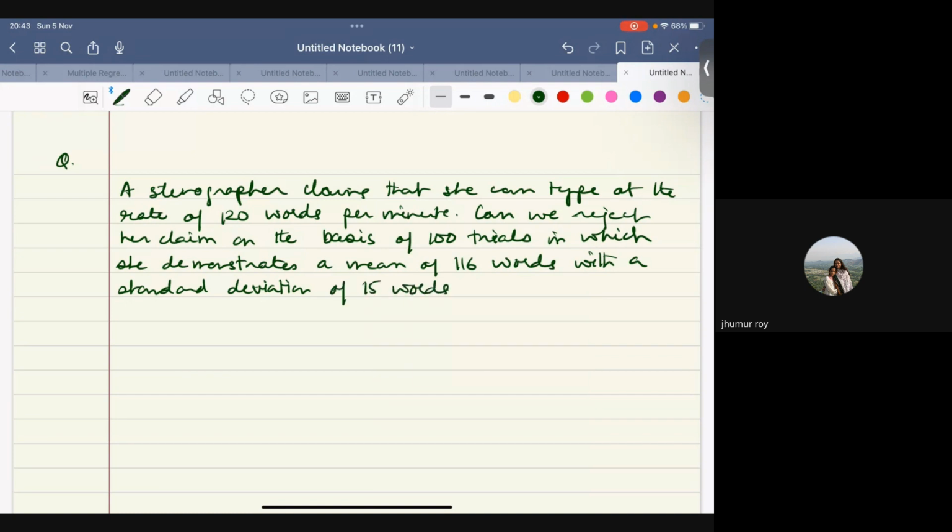Use 5% level of significance. So in this case, what are the values we are going to take?